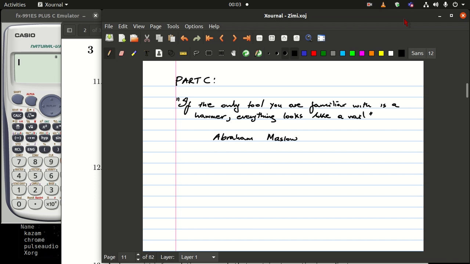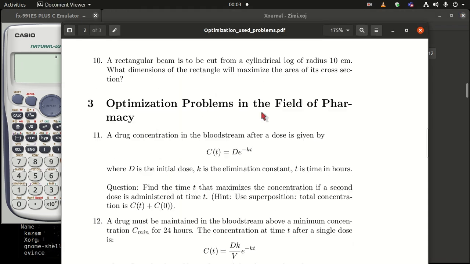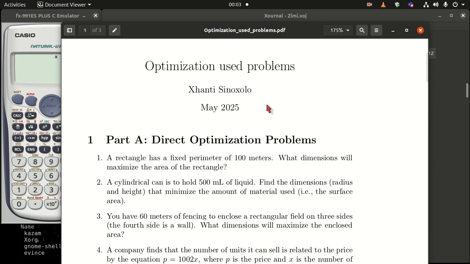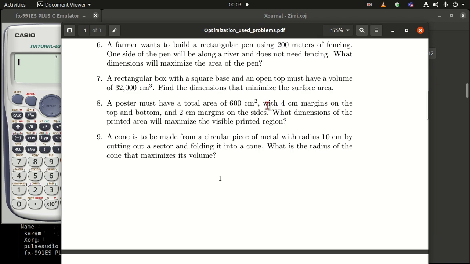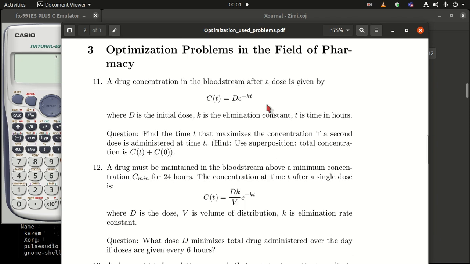So every single problem that you are facing, if you are always using a hammer, you always think that you can fix it with a hammer. The same thing with the problems that we did in part B and also in part A. We always used the derivative to find the formula, and so forth. But that is not the only case whereby you are dealing with optimization problems. You don't always have to take a derivative.